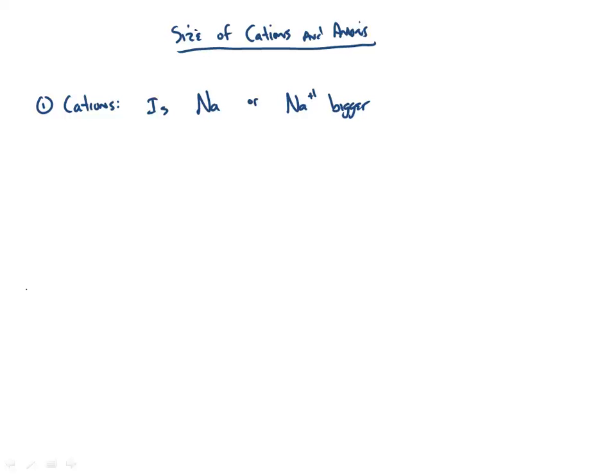And of course, we can ask the exact same thing for anions: is fluorine or fluorine minus 1 bigger? So what happens to the size of an atom when it gains an electron, and when it loses an electron? What do you guys think?